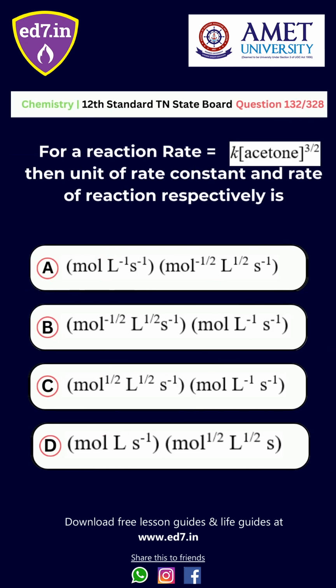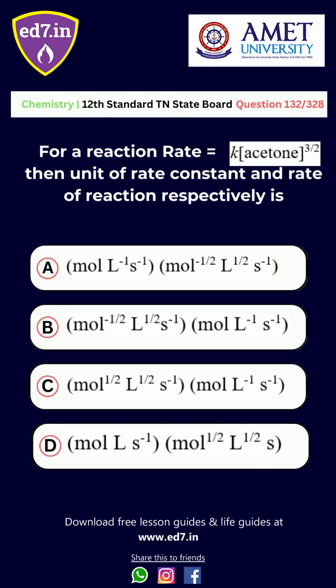Question number 132. For a reaction, rate equal to K into [acetone] power 3 by 2, then unit of rate constant and the rate of reaction respectively is option A, mole L inverse S inverse into mole power minus 1 by 2 L power 1 by 2 S inverse. Option B, mole power minus 1 by 2 L power 1 by 2 S inverse into mole L power minus 1 S inverse.